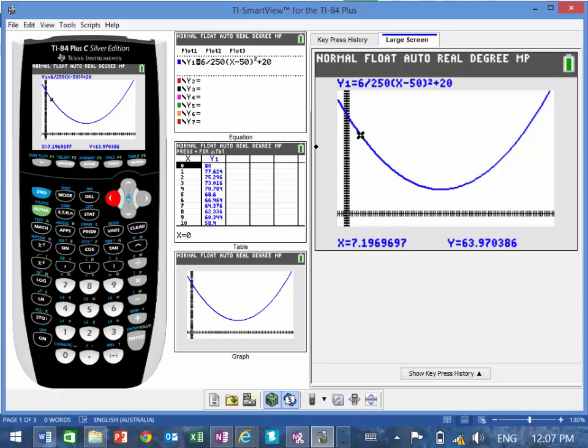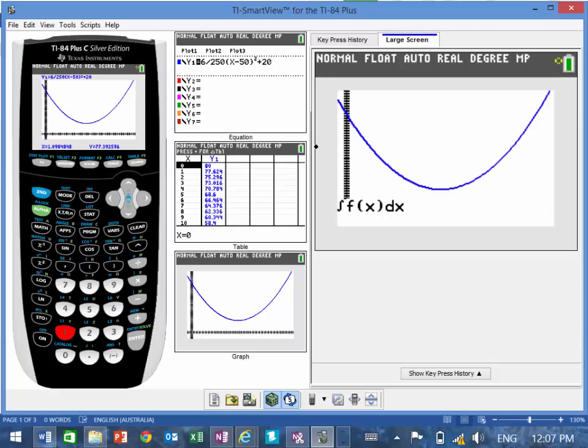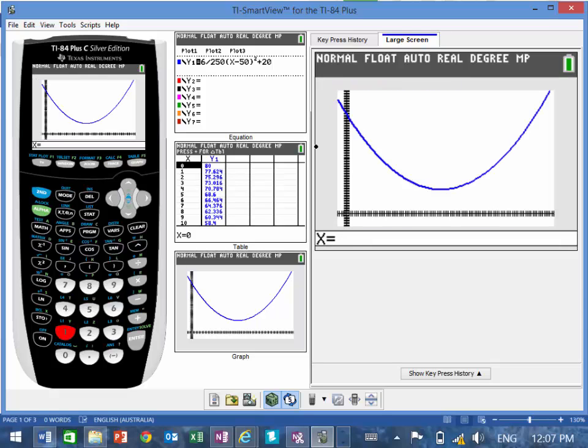Does that make sense? So if I knew the x value, I could work out what the y value is, couldn't I? Can you actually do that? There is a way you can do that. On your calculator, if you press the blue button and then the calc button over there, and enter the value, you say how high is it going to be when x is equal to 10, and it'll actually work it out for you. It gives you your answer.